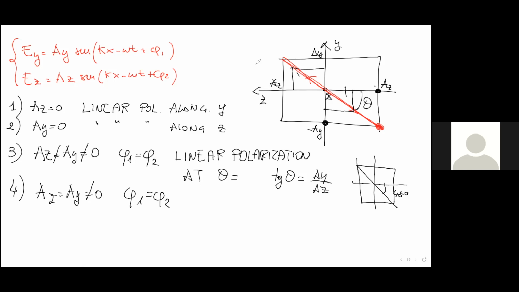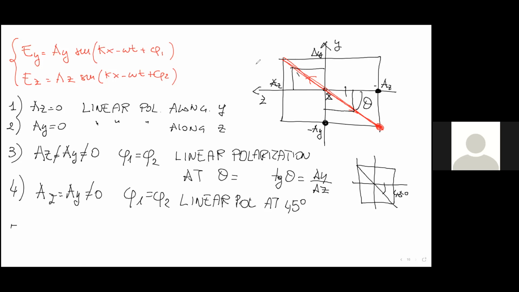So you have the linear polarization at 45 degrees. So an observer watching the electromagnetic wave that is going towards him sees the field oscillating at 45 degrees, and it remains in that plane. The polarization keeps linear.